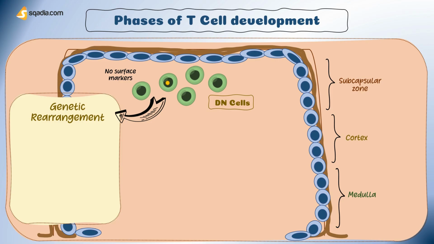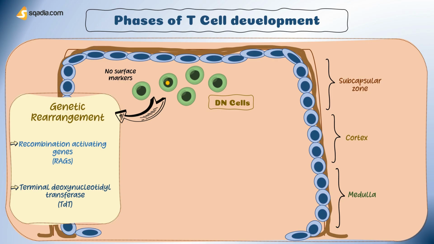Let me try to simply explain this process of TCR gene rearrangements. Well, at this DN stage, rearrangement of TCR genes begins, where the beta, gamma, and delta genes all attempt to rearrange at this stage. And this rearrangement involves activation of recombination activating genes, RAGs, and terminal deoxynucleotidyl transferase, TdT.